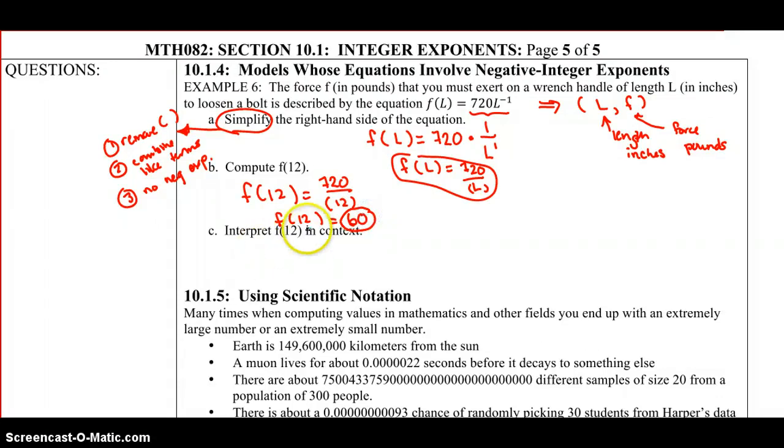And if we actually put some labels back on these numbers, and interpret in context, again, this means as an ordered pair, the input was 12 inches, and the output was 60 pounds. So if we put the context back into this problem, it tells us that if we have a wrench handle that's of length 12 inches, it will take a force of 60 pounds to loosen a bolt.